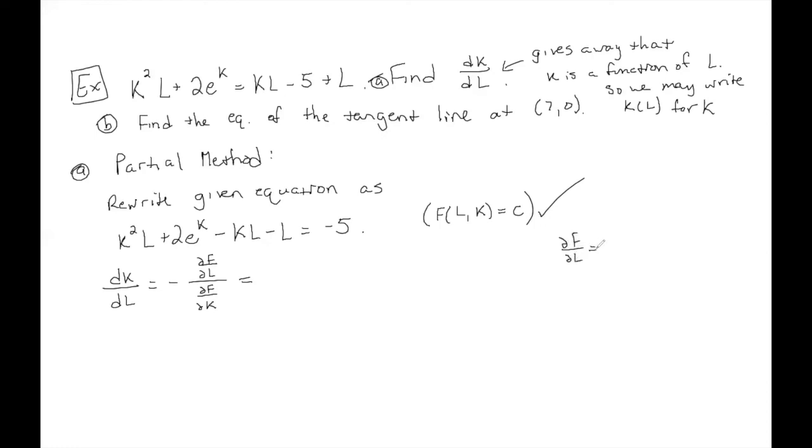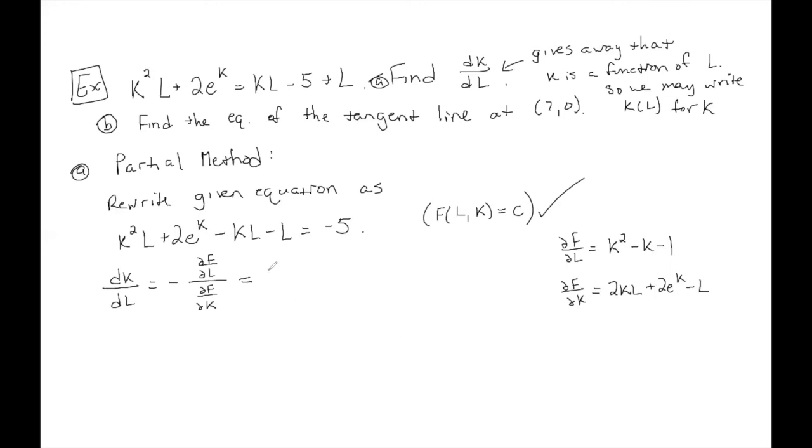The partial of f with respect to L is k squared minus k minus 1, and the partial of f with respect to k is 2kl plus 2e to the k minus L.